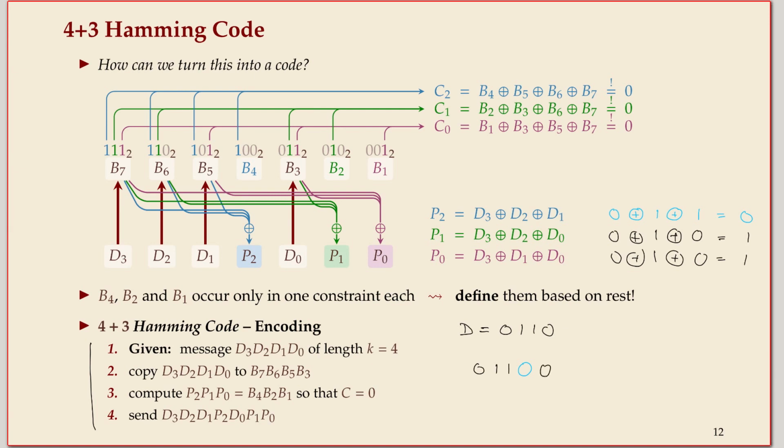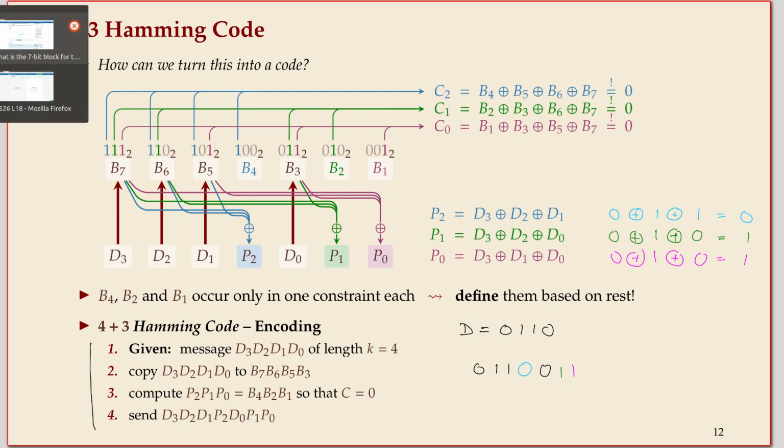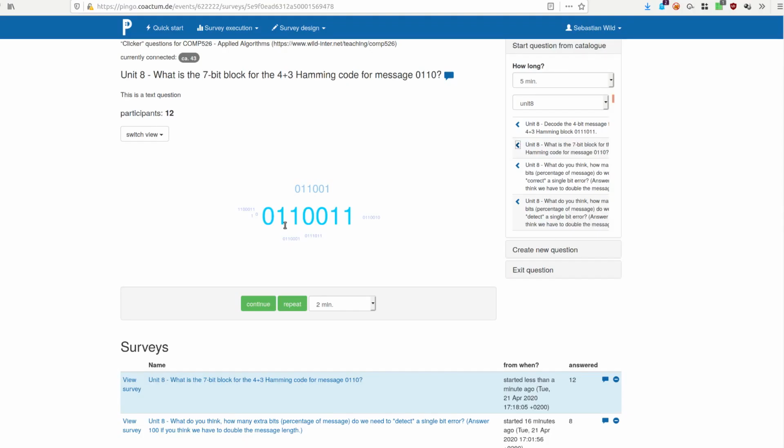And so then the green bit and the purple one. Oh, sorry, that's 1. So the answer should be 0, 1, 1, 0, 0, 1, 1. That seems to be the majority answer.